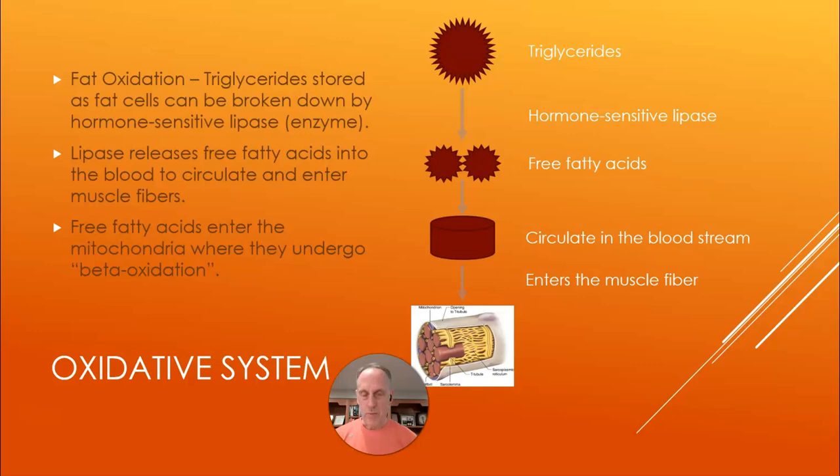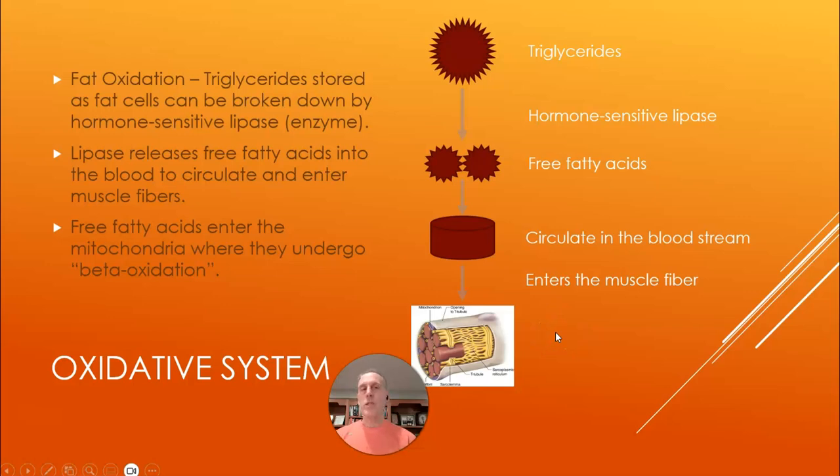You remember this from earlier in our class in terms of the mitochondria. The free fatty acids enter the bloodstream and the muscle fiber, and then you go into the mitochondria. That's the purple thing here if you want to blow your screen up. That's where it undergoes beta oxidation.